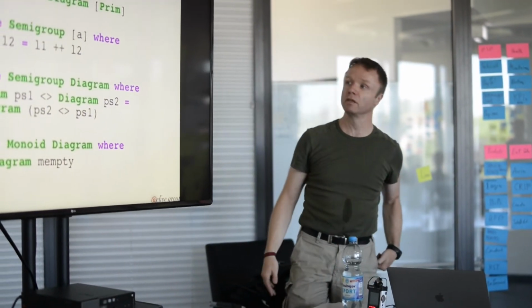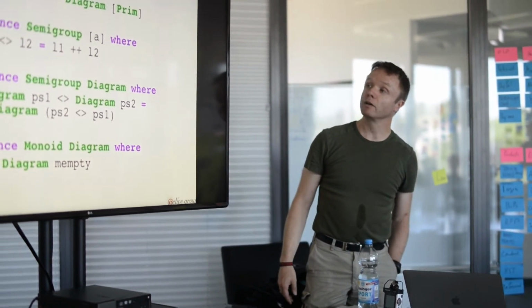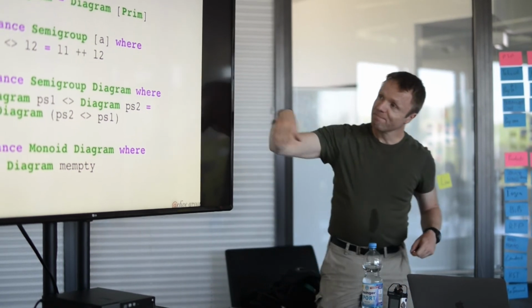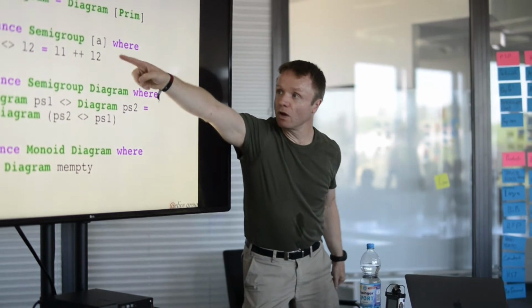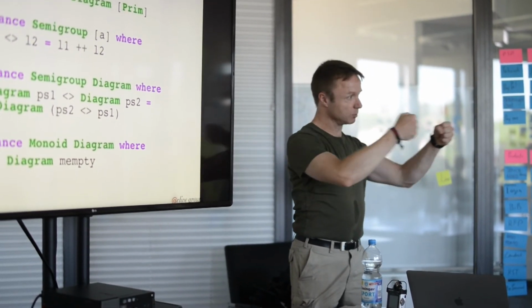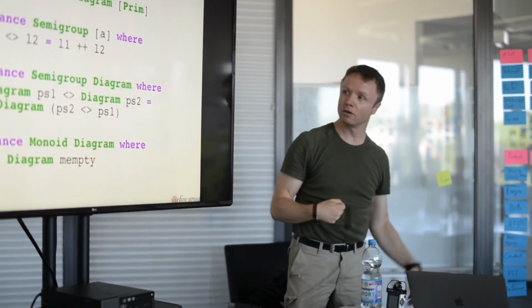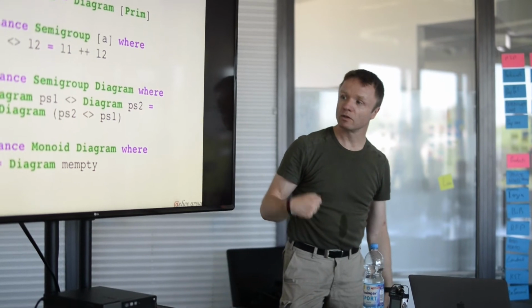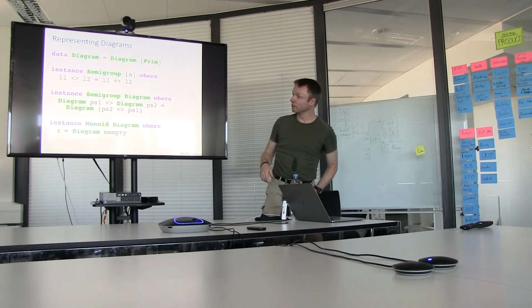That's the actual definition from Brent's very fancy diagrams package. And then it says, well, a list of A's is always a semigroup, and I can always combine two lists by concatenating them. This is also an associative operation, and it's also a monoid, where we can just take the empty list.